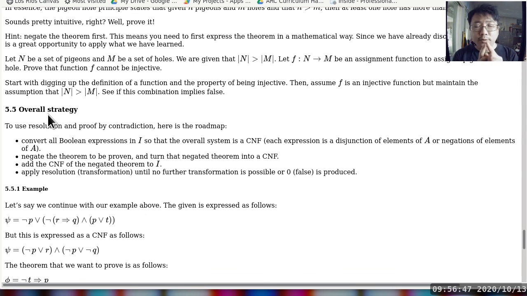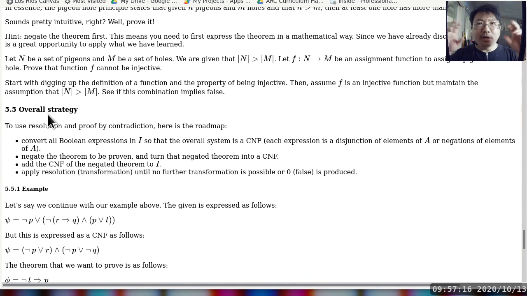In a finite amount of time, you end up with one of two conclusions. One is you resolve everything down to a 0. So if a CNF, a conjunctive normal form, has one component being a 0, then the whole thing is going to be false. Or you can end up with something where we cannot apply resolution any further.